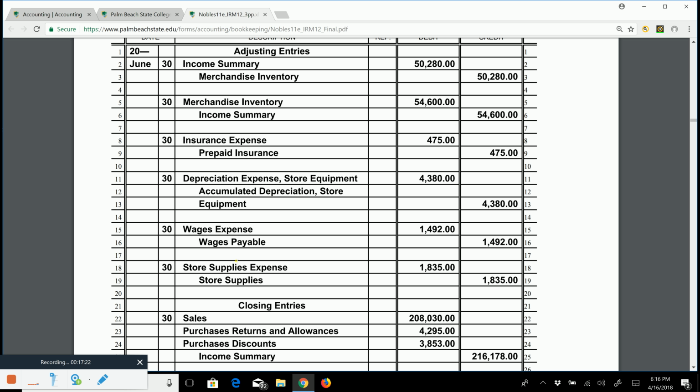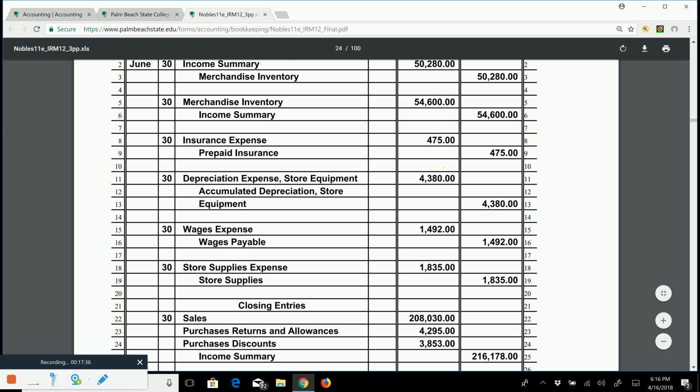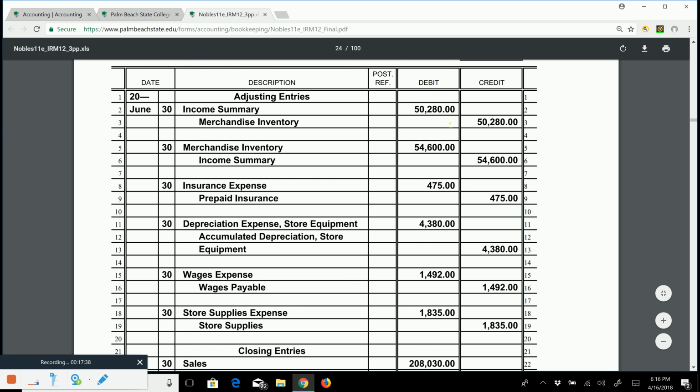So if you take a look at your original unadjusted trial balance, you will see that the merchandise inventory has a balance of $50,280. That is the balance that is already one year old. We've got to get rid of that. So the first adjusting entry is to get rid of the beginning inventory with a credit, and we debit income summary.